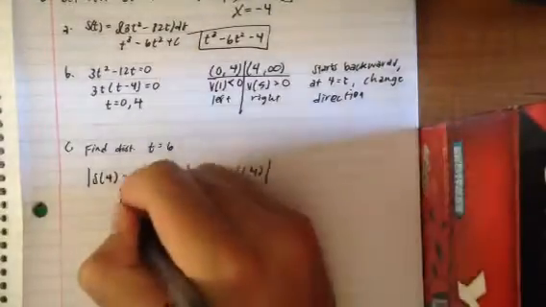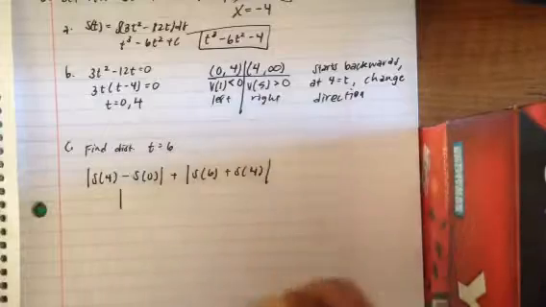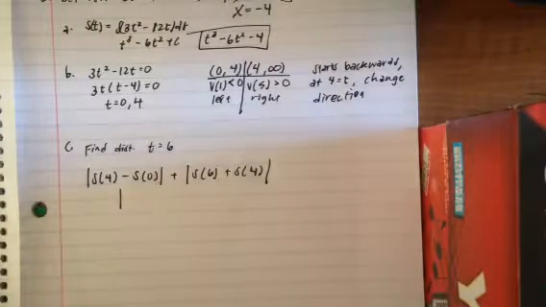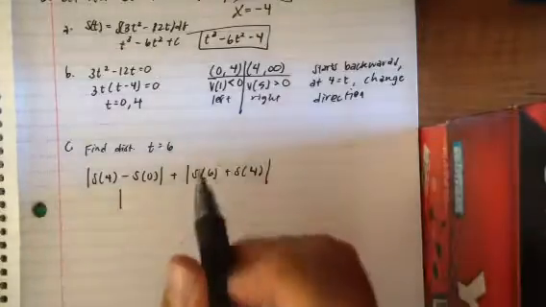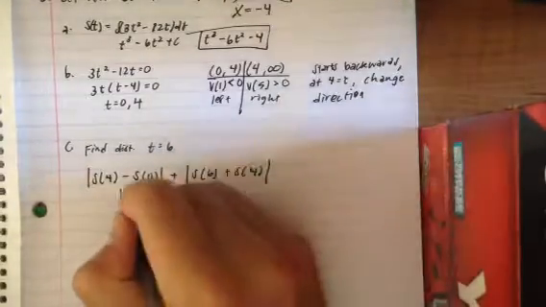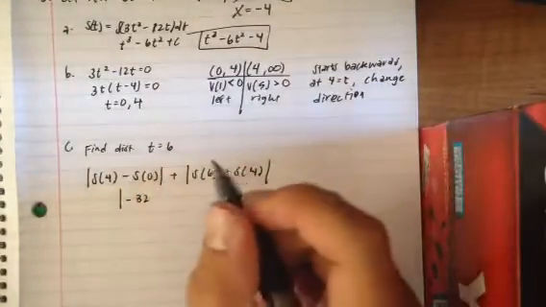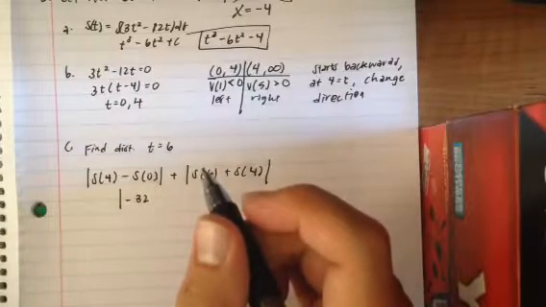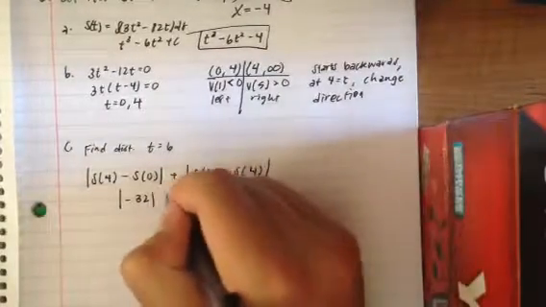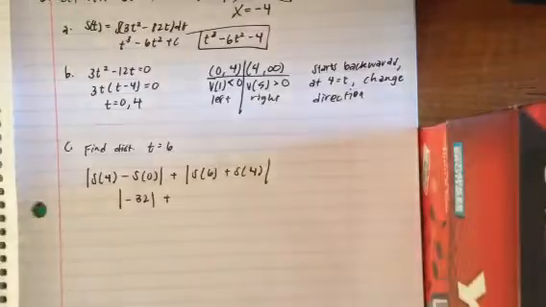And so I'd get, when you plug in 4, you would get a -32. Yeah, -32.